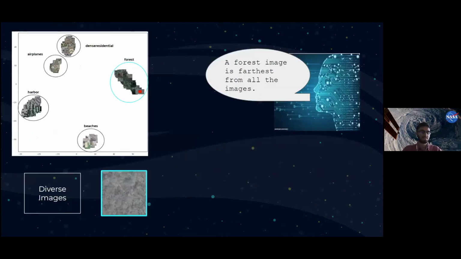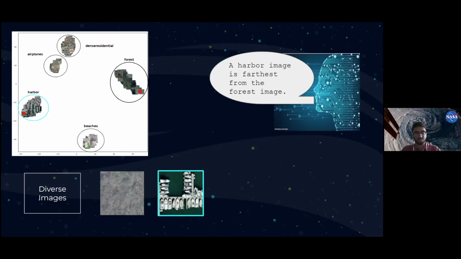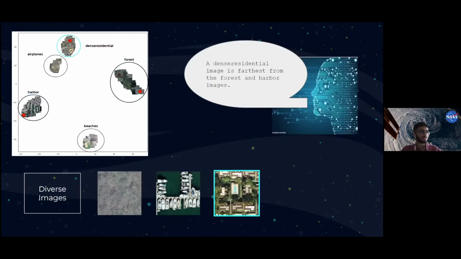First, the diversity algorithm chooses a forest image. Then the furthest from that one forest image would likely be a harbor image. That's what it chooses. Then the farthest from the harbor and the forest image would be the dense residential image at the top. Then the furthest from the three would be beaches at the bottom.